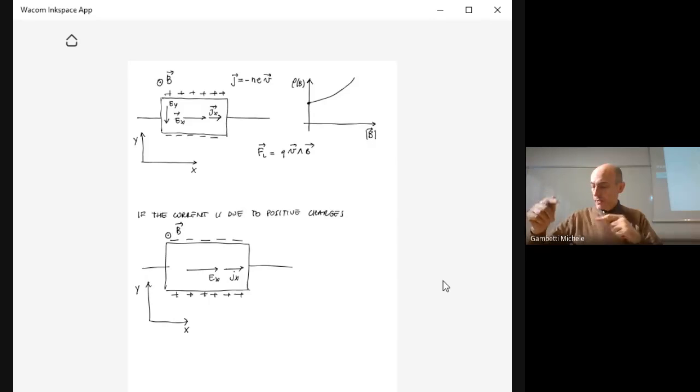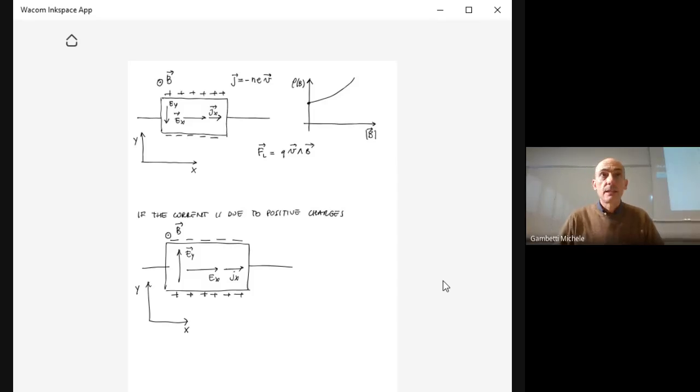So the orientation, and in this case, EY is upward. What changes depending on the sign of the charge is the direction of EY, or the sign of the voltage across the slab. In one case it is negative, in the other case it is positive, depending on the orientation you choose for the measurement.